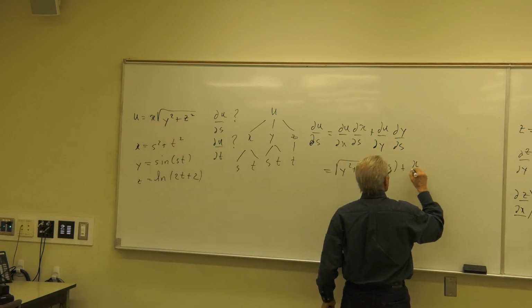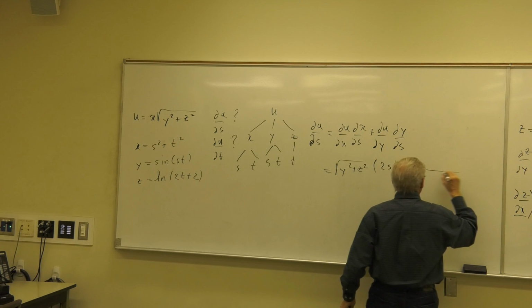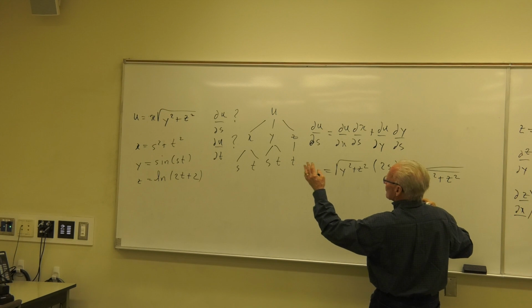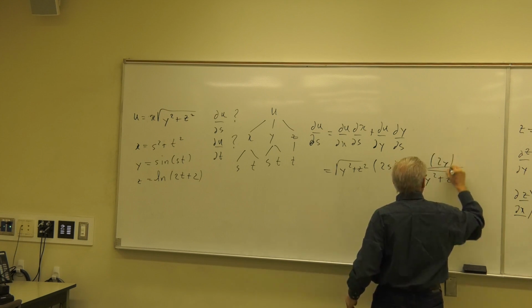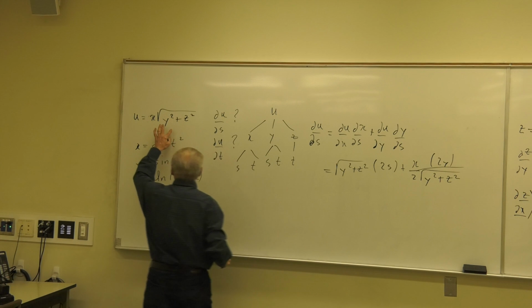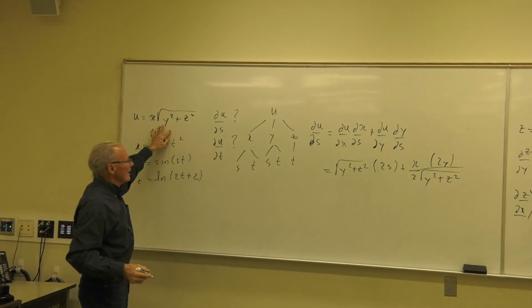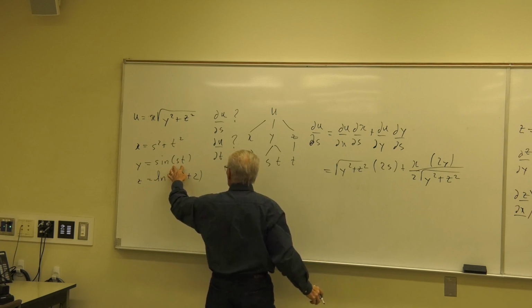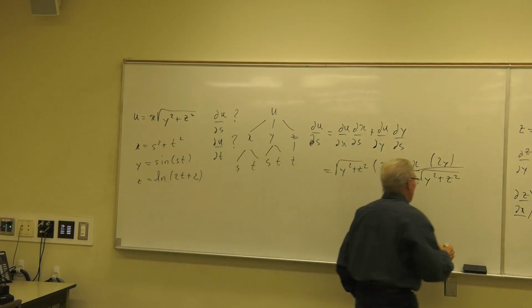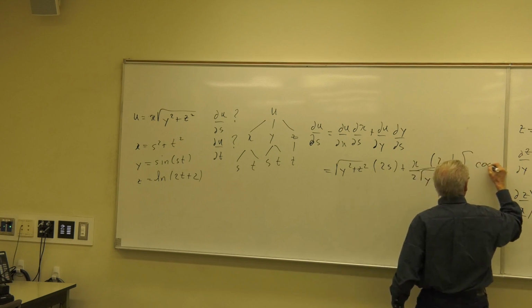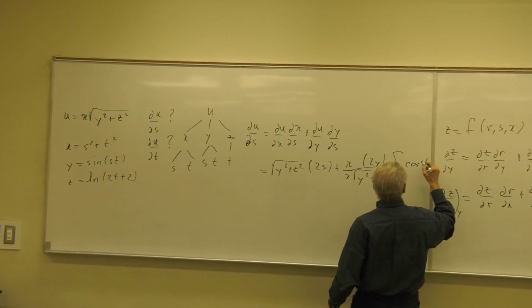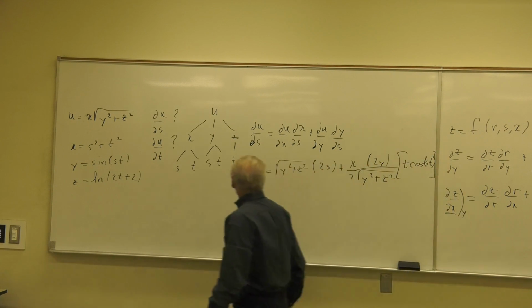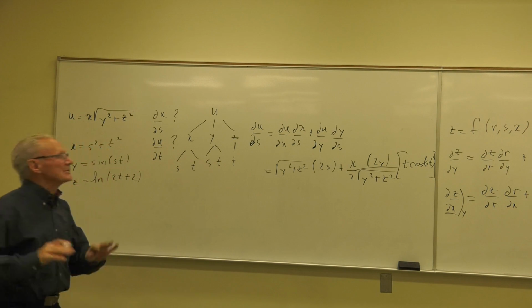Bypass the x. Bring down the power. Lower the power by 1. And then differentiate what's underneath the power, 2y. So how does that look for the derivative of this with respect to y? Now to be multiplied by ∂y/∂s, differentiating that with respect to s. That's a cosine of st, and differentiating with respect to s, a t in front. So there it is, unsimplified.